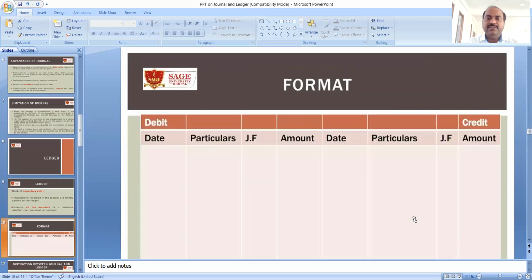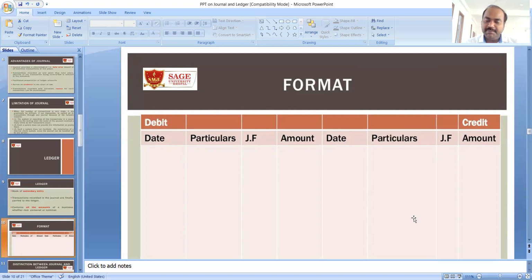And this is the format of the ledger, that is date, particulars, journal folio, amount, and date, particulars, journal folio, and amount. You can see that on the left hand side we have debit and on the right hand side we have credit. So these are the basic principles that we have to follow when we are writing ledger accounts.